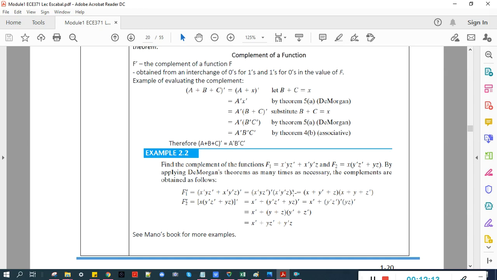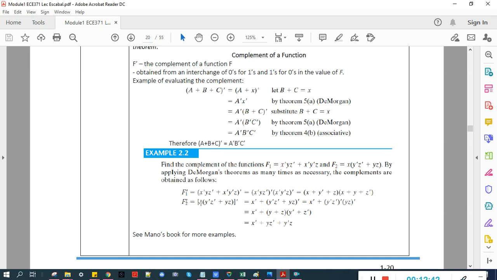This is the complement of f1, f1 prime. We can still further simplify this using the distributive property, but sometimes we can just leave it like that in factored form or in multiplied form.